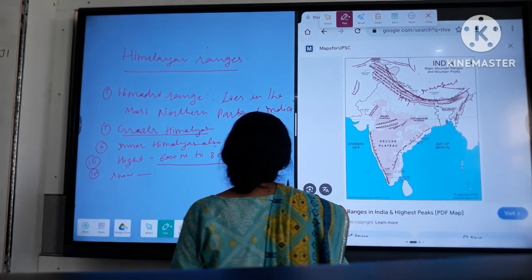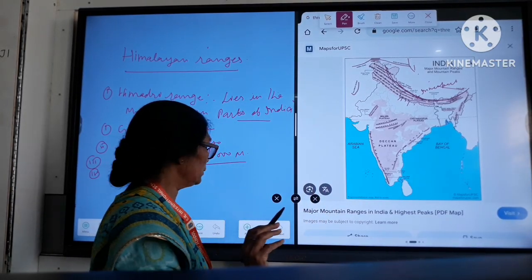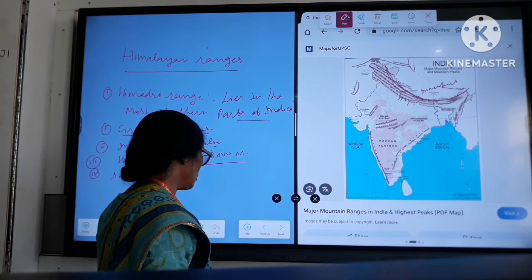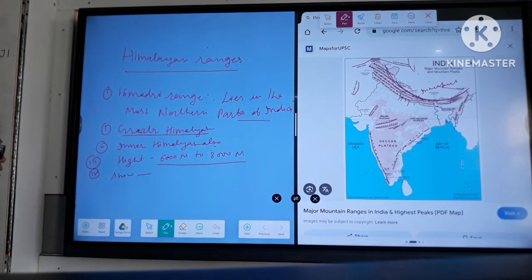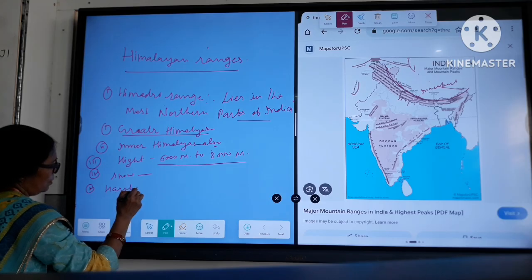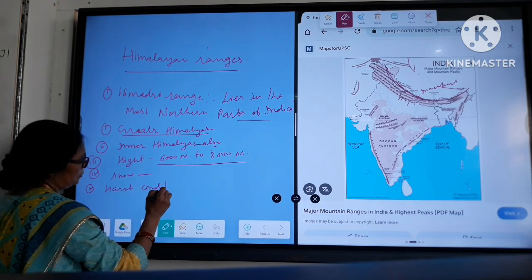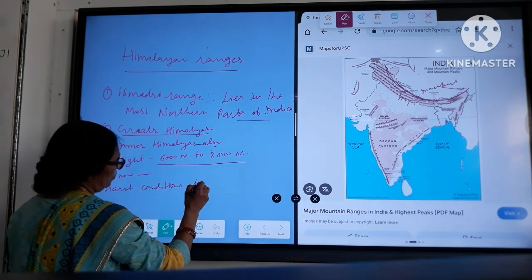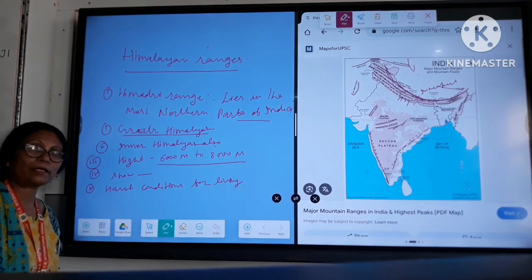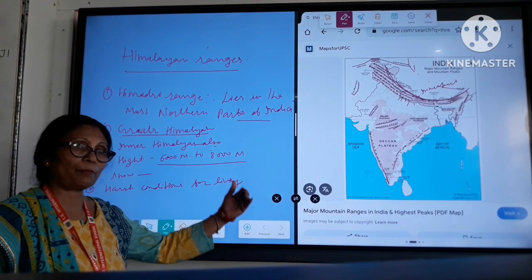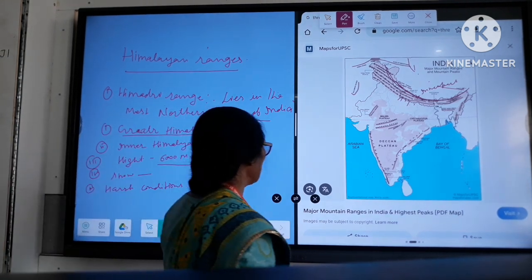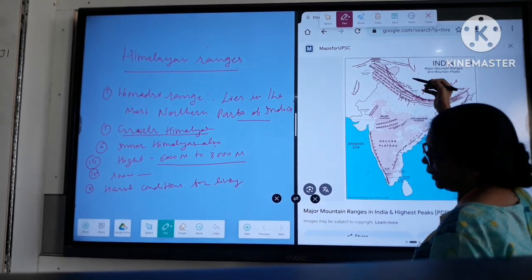This range is known for its highest range, snow covered throughout the year. There are harsh conditions for living. Life is very tough here and conditions are very extreme. The height of the range here is 6 to 8,000 meters.